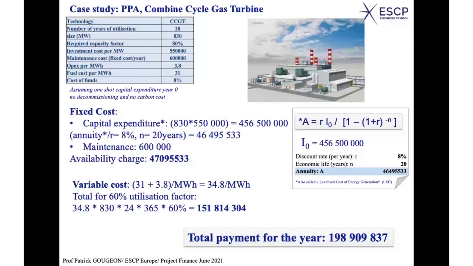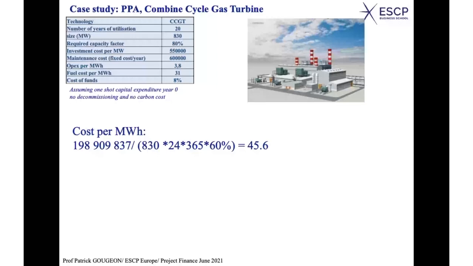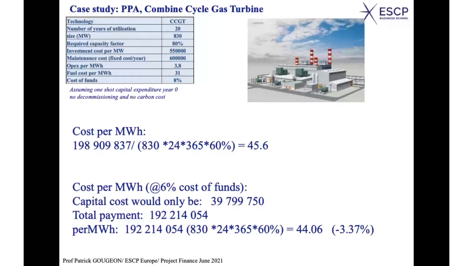So what would it be with a rate of 6% rather than 8%? We would have the same calculation as before, but we would use 6% rather than 8%. And we see that the result would be, in this case, only 45.6 cost per megawatt hour. In other words, a drop in the total payment, the cost per megawatt hour, of minus 3.37%.